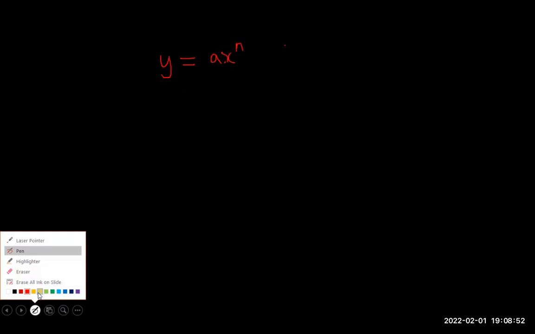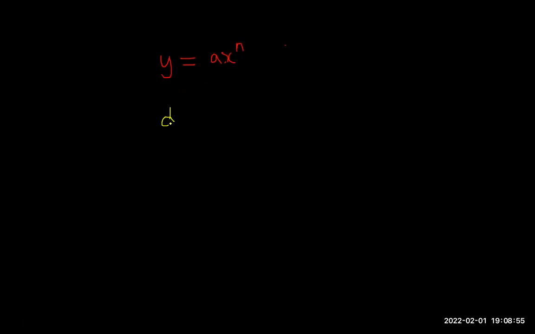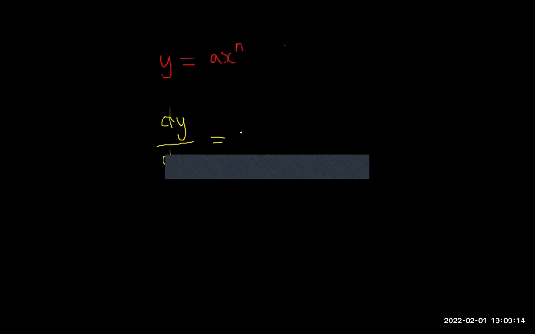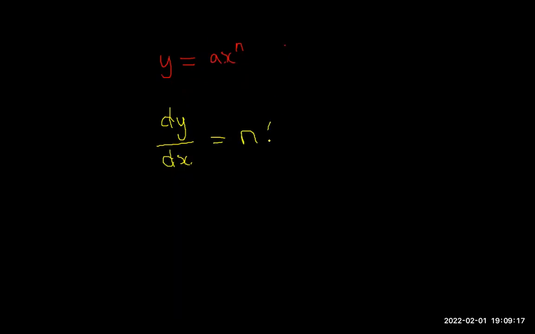Well, there's a rule, and the rule says dy on dx, which is called the gradient function. Like I said, I really wish you told me that you didn't do differentiation yet. I would have done that too. But yeah, what you do, the rule is you multiply this by the power, so it becomes n times ax. Right. So you multiply the expression by the power, right? So the power in this case is n. But then you have to subtract 1 from the power. So it becomes n minus 1.